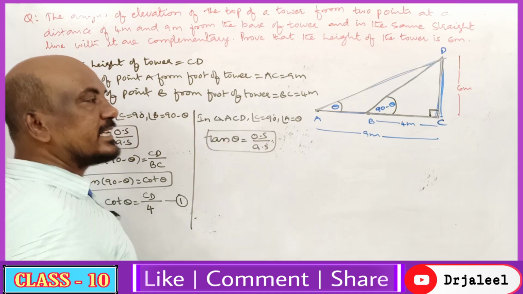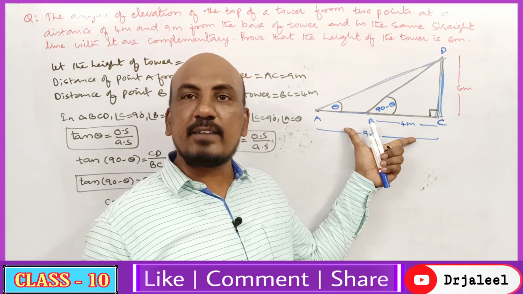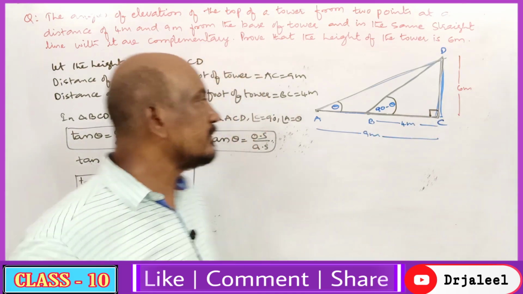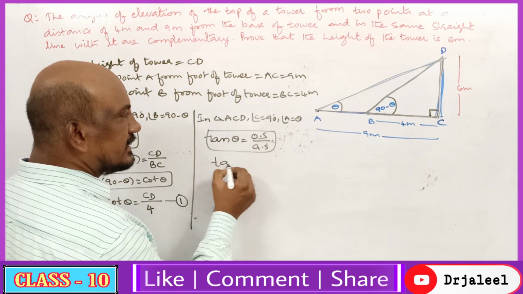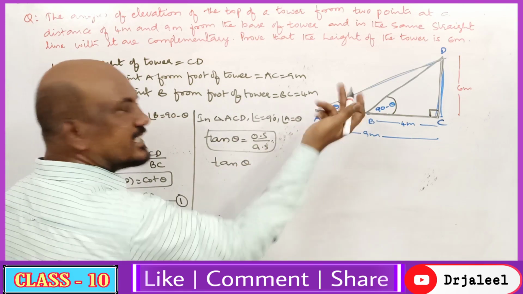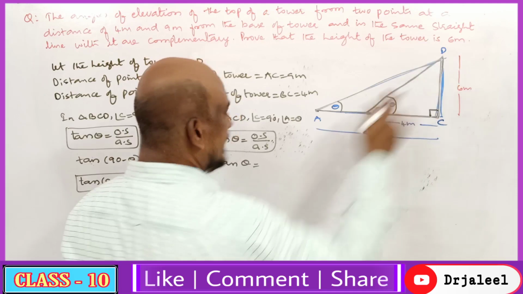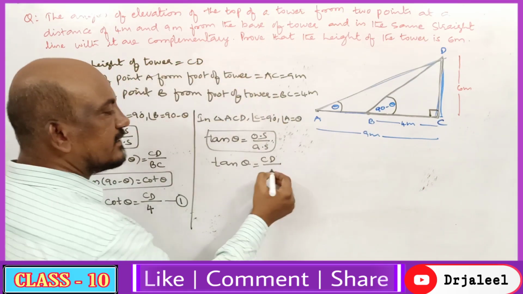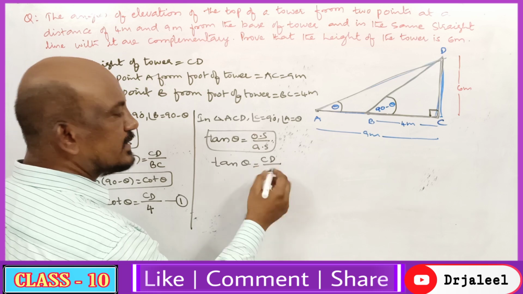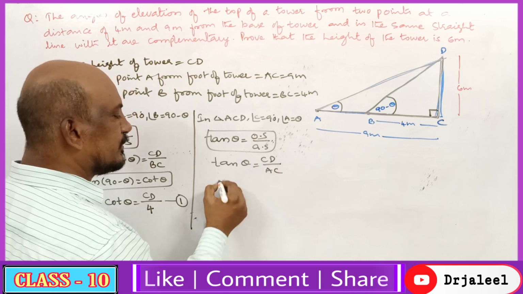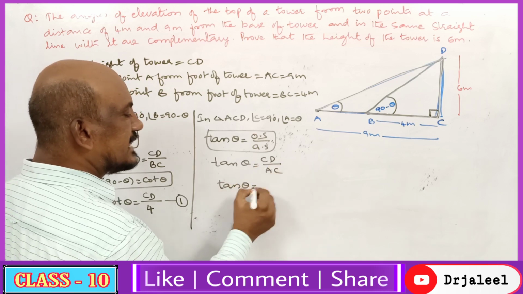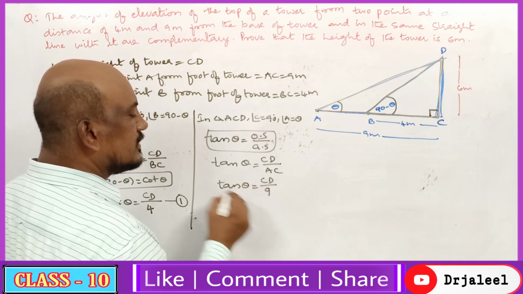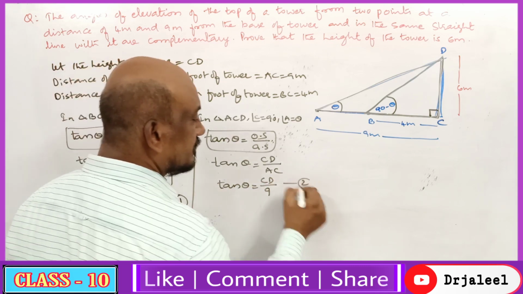So tell me children, why am I taking tan theta? Because the adjacent side is given and the opposite is wanted. So tan theta is equal to opposite side CD by adjacent side, the complete side 9. Otherwise you can put it as AC. Tan theta is equal to CD by 9. So this is the second equation.